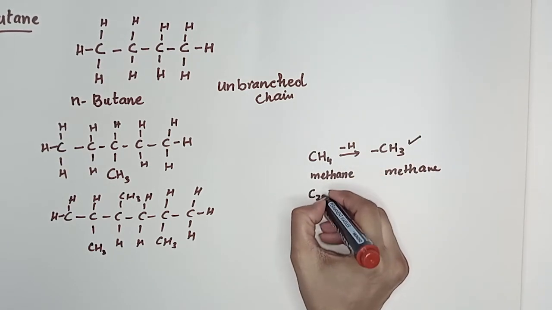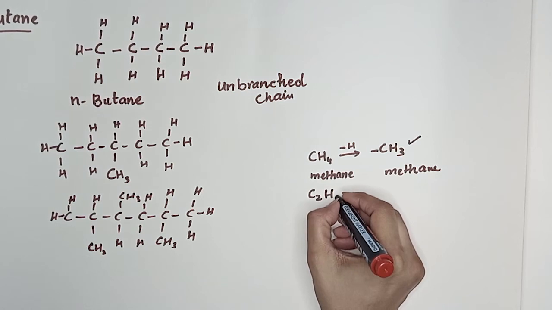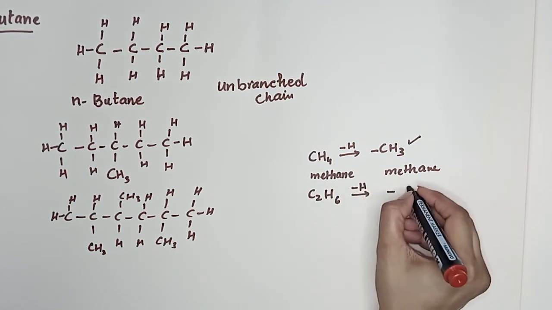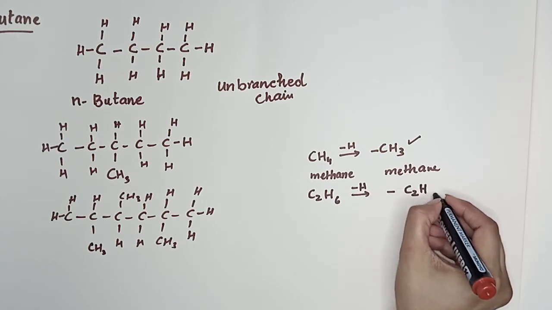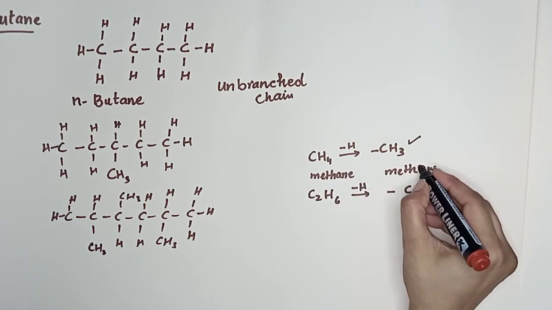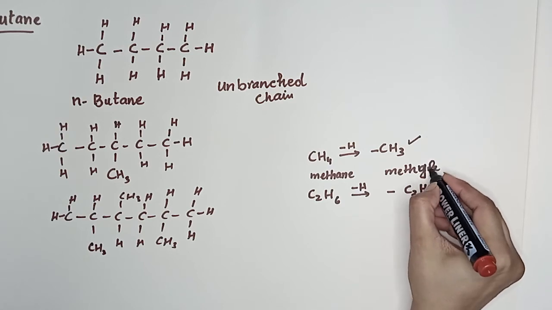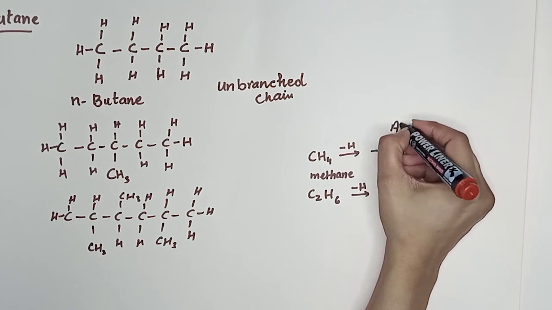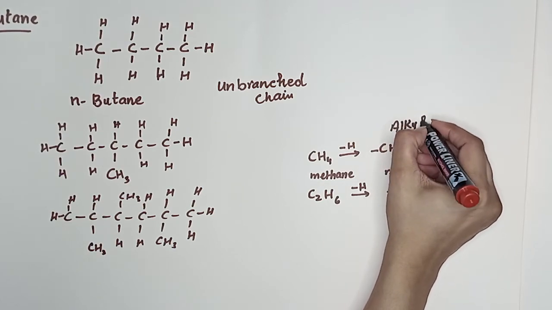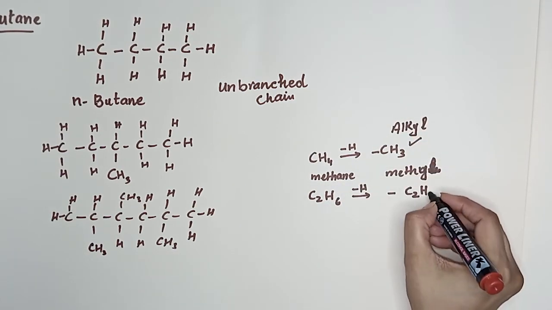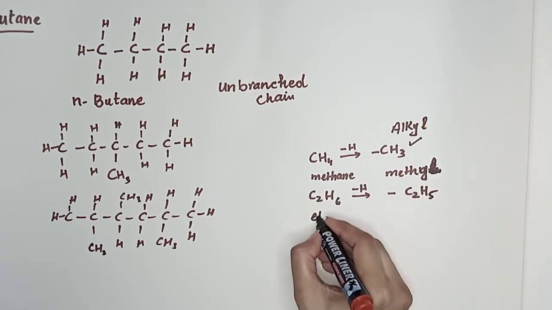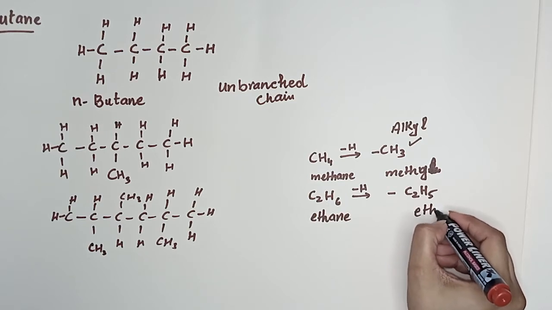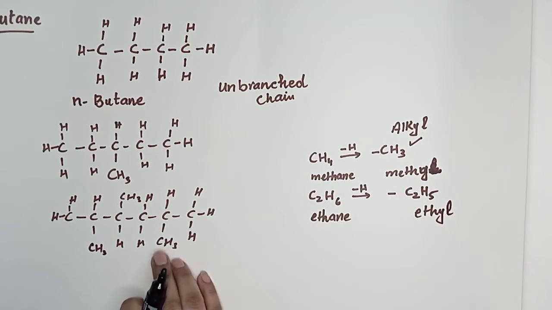And if we have ethane and one hydrogen atom is removed from it, methane becomes methyl. Methane will convert into an alkyl group. This is the alkyl group. The name will end with "-yl". Methane will convert into methyl. Here is ethane, and ethane will form ethyl. So we will name this like methyl.